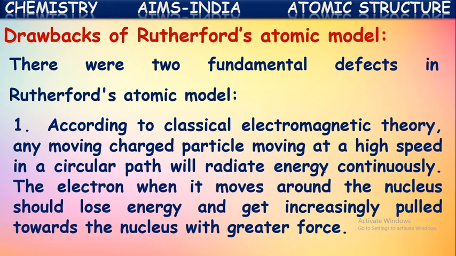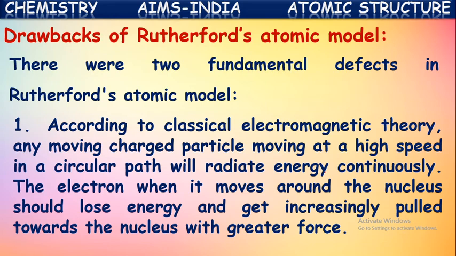Not only in a circular path, any charged particle moving with high velocity should radiate energy continuously. Here, the electron is also moving with high velocity around the nucleus, and electrons are negatively charged.